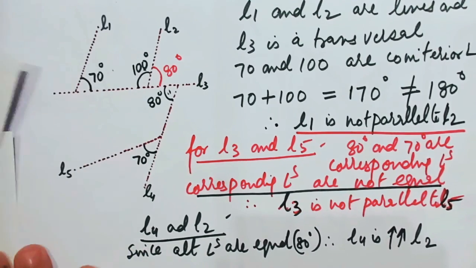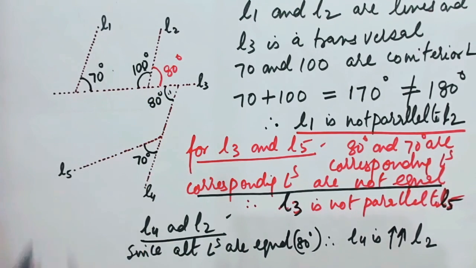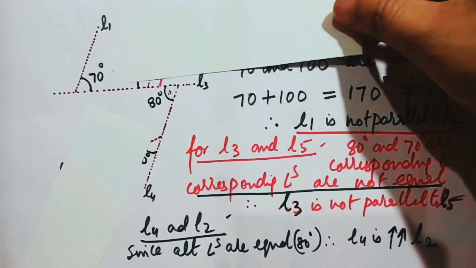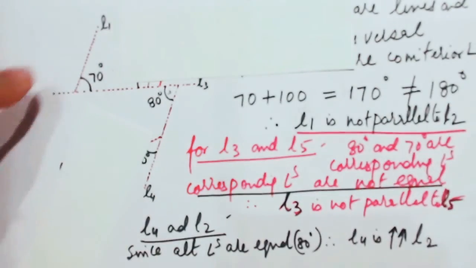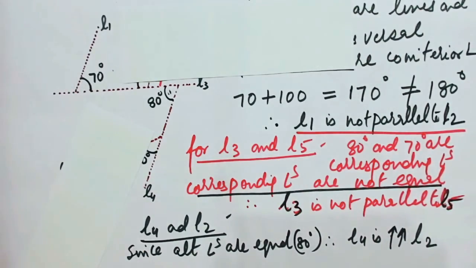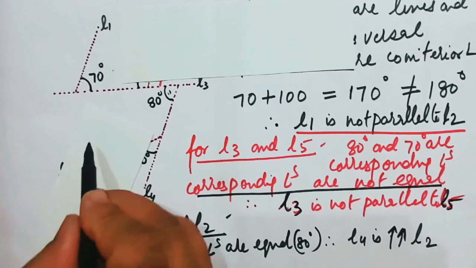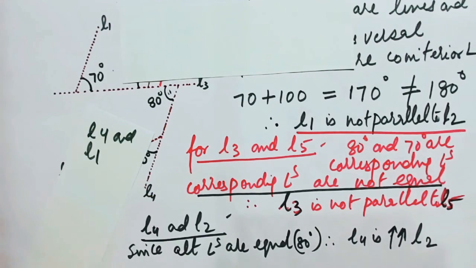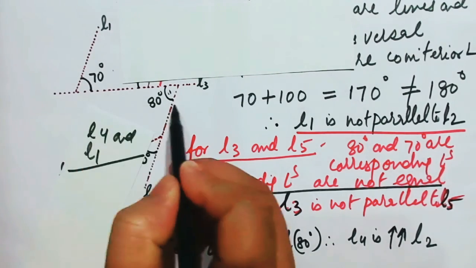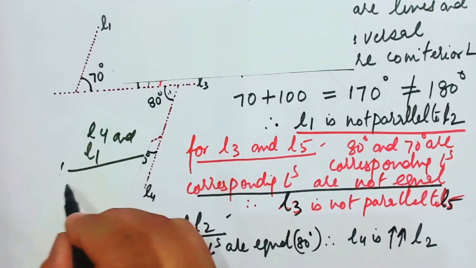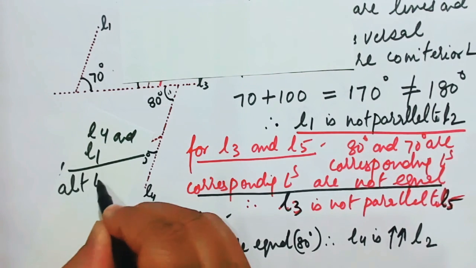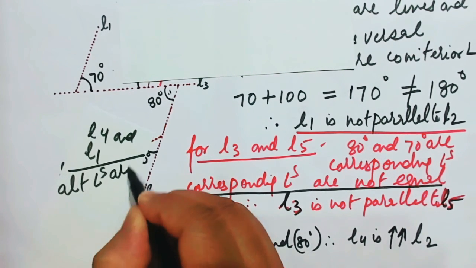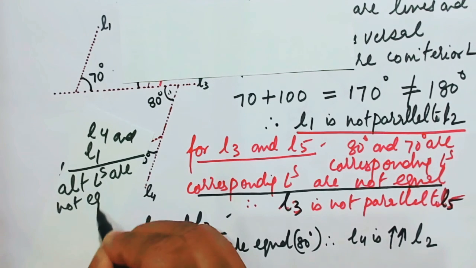What do you think about L4 and L1? So for L4 and L1, let me hide this portion. For L4 and L1, I find that the alternate angles are not equal.